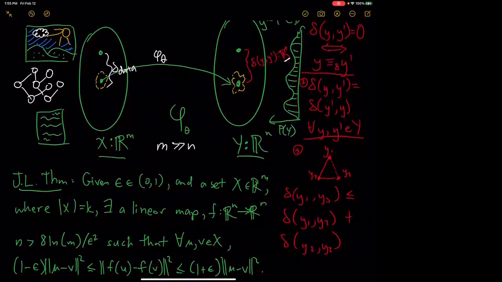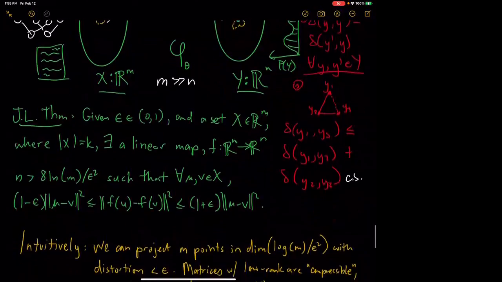And then there's also the Cauchy-Schwarz or triangle inequality, which tells us that it's an inner product space. If you take the inner product, then this is going to preserve this triangle inequality.